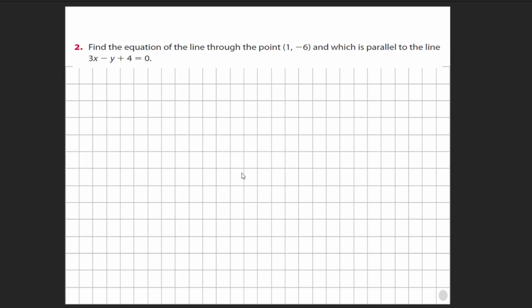With a lot of these questions, they will ask you to find the equation of the line through the point blank, which is parallel to the line blank. They could also ask you, what if it was perpendicular?